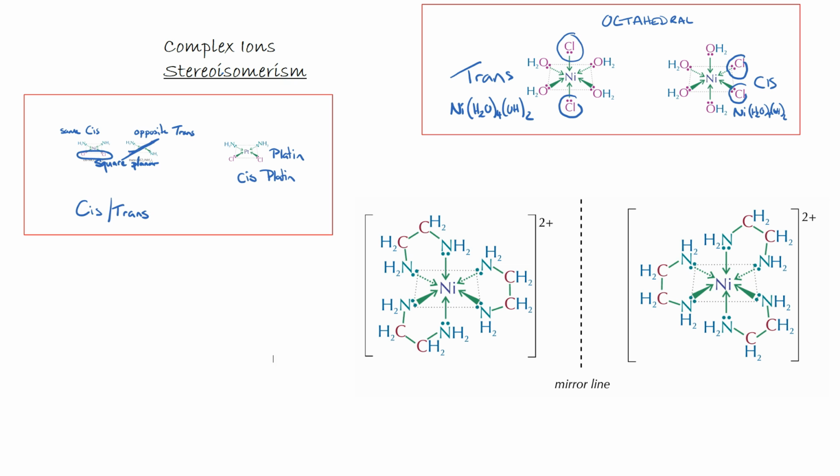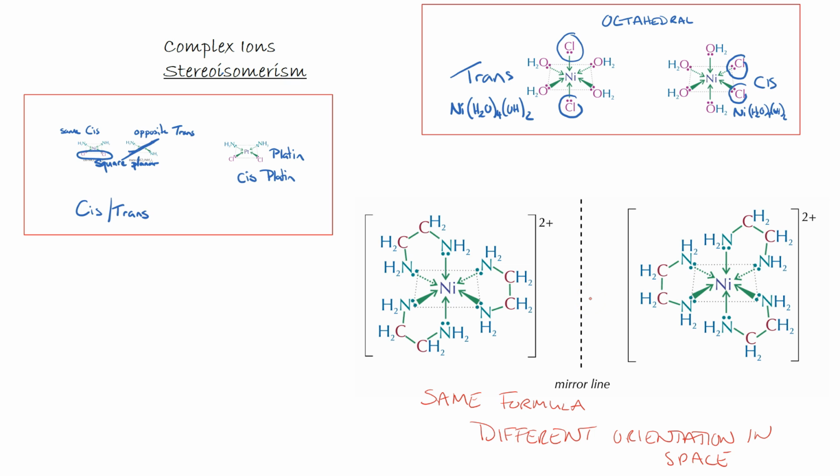The final example occurs when we've got bidentate ligands, and these have the same formula, but different orientations in space. And these are now no longer cis-trans, but they become unable to be superimposed upon their mirror image.